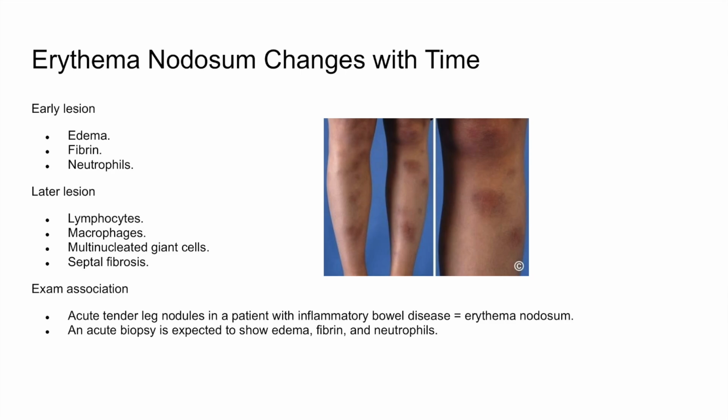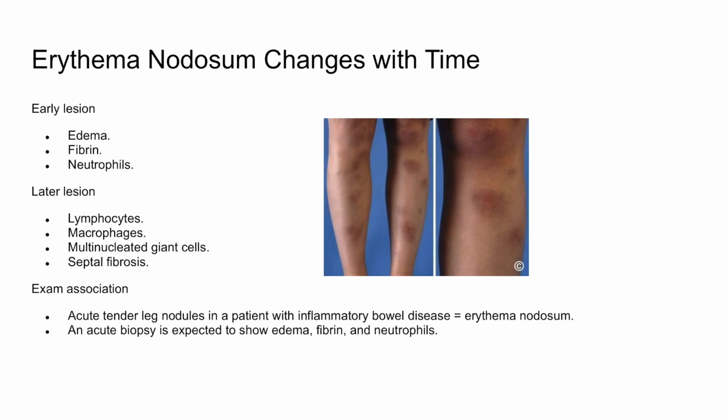So the microscopic appearance of erythema nodosum depends on when the lesion is biopsied. Early lesions show septal edema, fibrin deposition, and a predominantly neutrophilic inflammatory infiltrate. As the lesion ages, neutrophils are replaced by lymphocytes, macrophages, and multinucleated giant cells, eventually producing septal thickening and fibrosis.